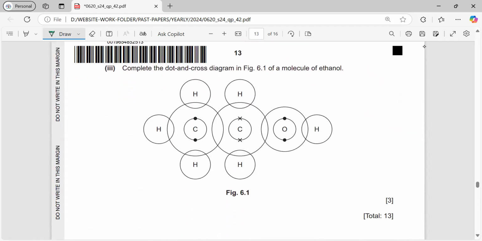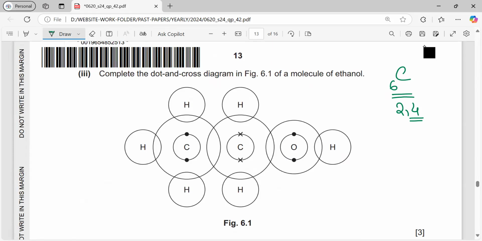Complete the dot and cross diagram for the molecule of ethanol. So if we complete it, carbon atomic number is 6. So it means its electronic configuration will be 2 and 4. It has 4 electrons in the outer shell. So for the carbon, we can make 1, 2, 3, and 4 electrons.